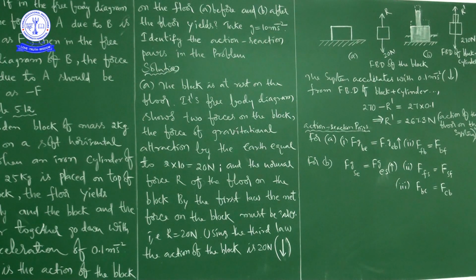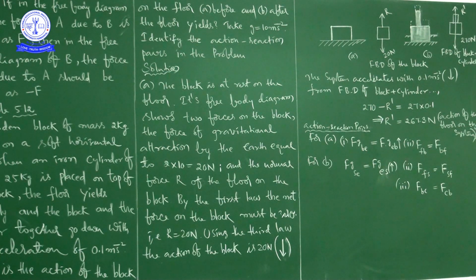What I am saying is, when he kept the cylinder on the block, then it accelerates downwards with 0.1 meter per second square. Okay, and this is the free body diagram for the system consisting of block and cylinder, right?